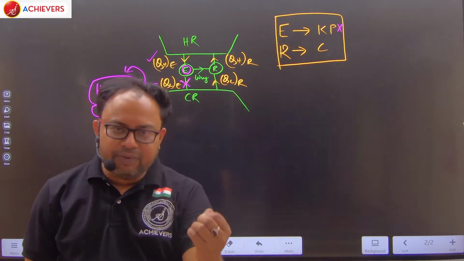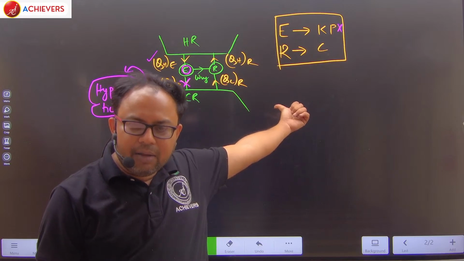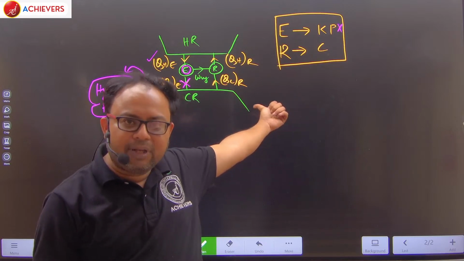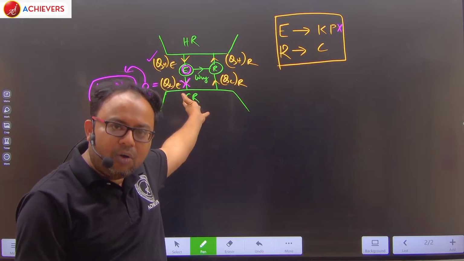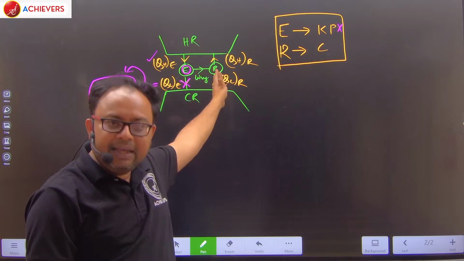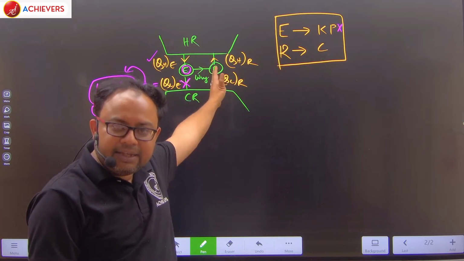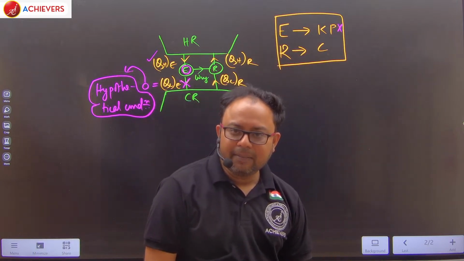A part of that is to be rejected to the cold reservoir. But here we are applying the hypothetical condition that the rejection of heat to the cold reservoir is 0. That means this engine E is violating the Kelvin Planck statement.